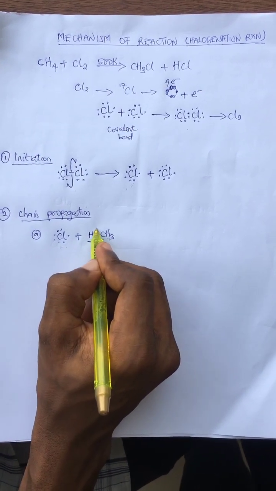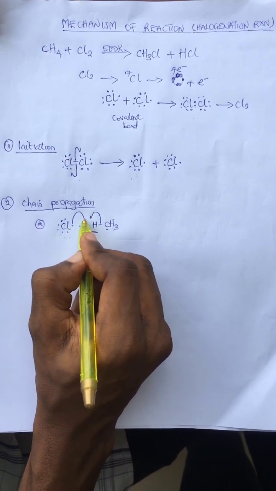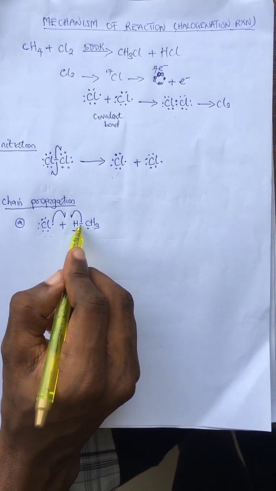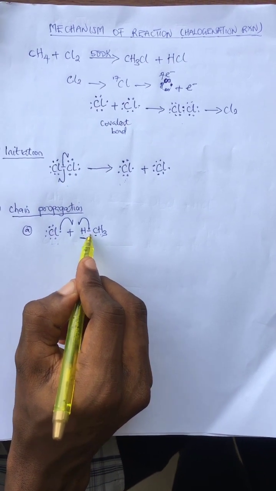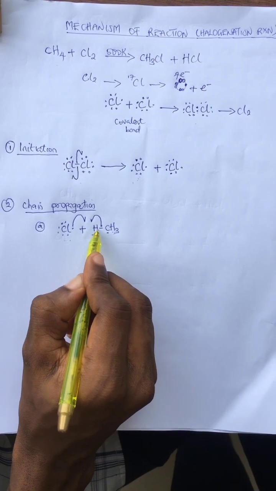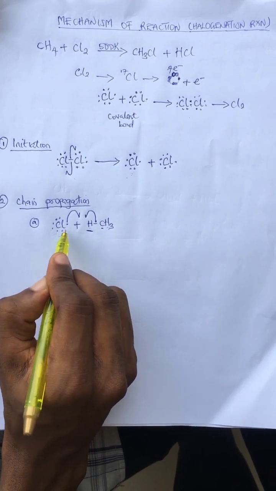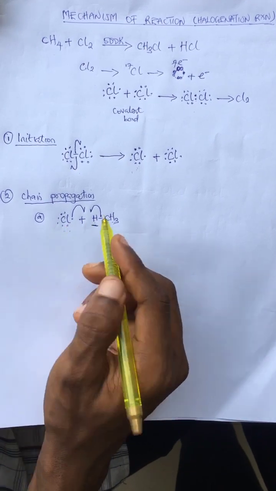Therefore, this bond will be broken. If this bond is broken, we'll be having 2 electrons. The abstraction of hydrogen will lead to 1 electron being moved with hydrogen to be added to our chlorine.